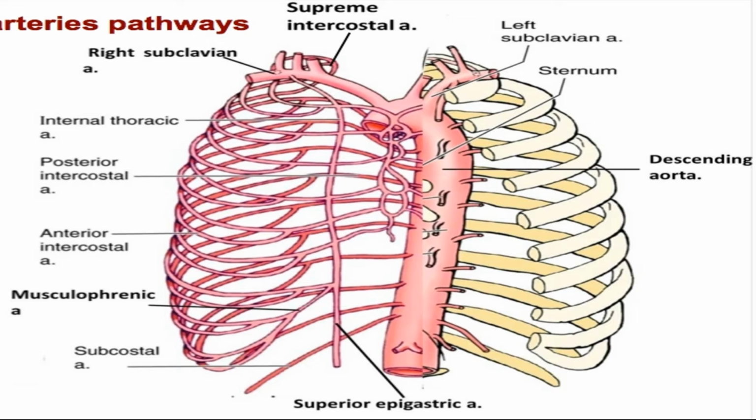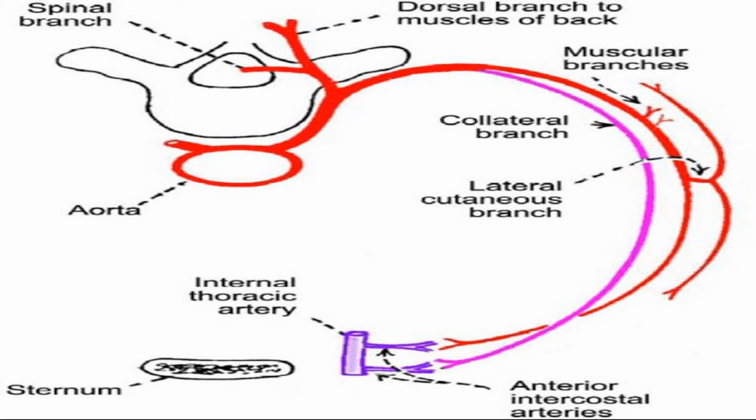You saw that the anterior intercostal arteries for the upper six spaces were given by the internal thoracic artery, which is also a branch of the subclavian artery, and the subclavian artery gives another branch, the superior or supreme intercostal branch, which gives the posterior intercostal arteries for the upper two spaces. The posterior intercostal arteries for the lower spaces are given by the descending aorta.